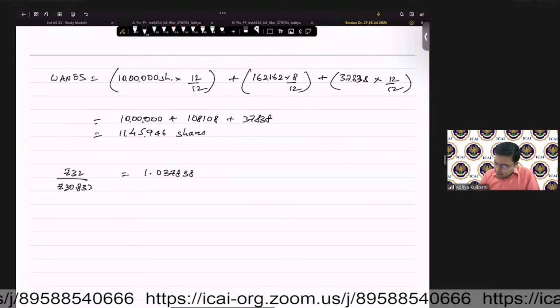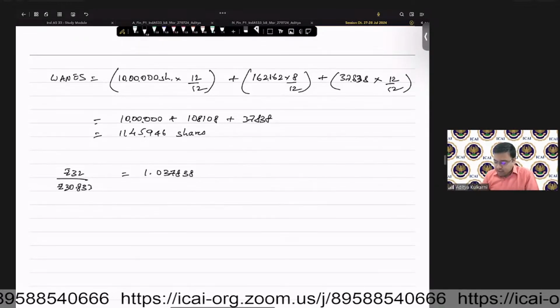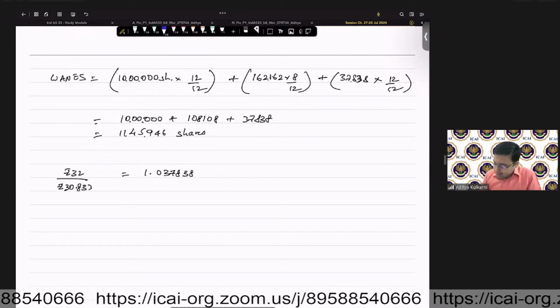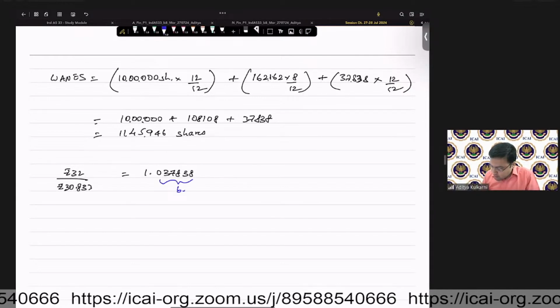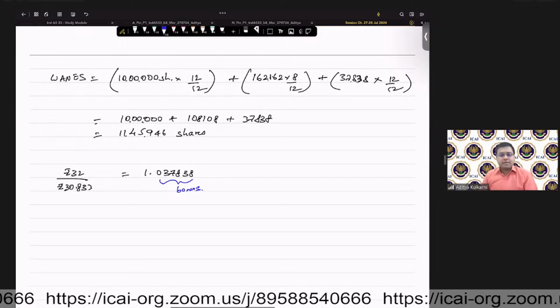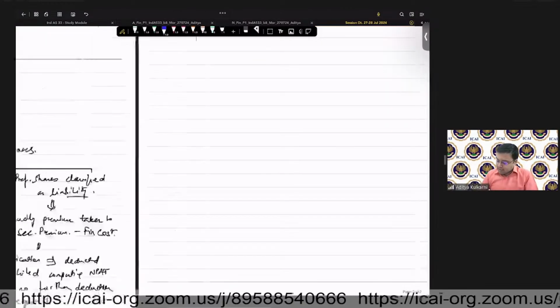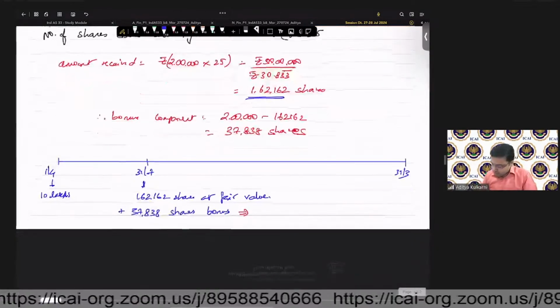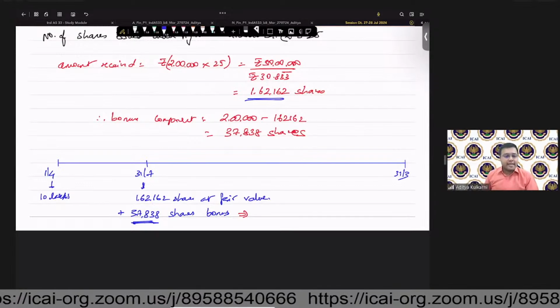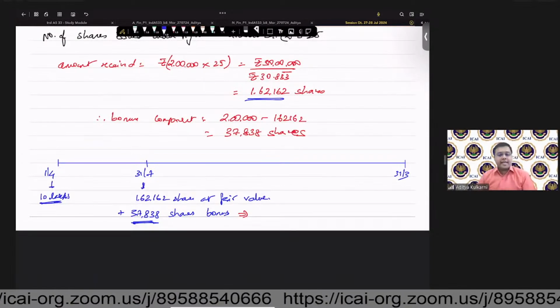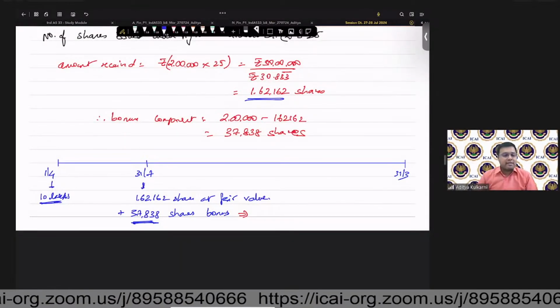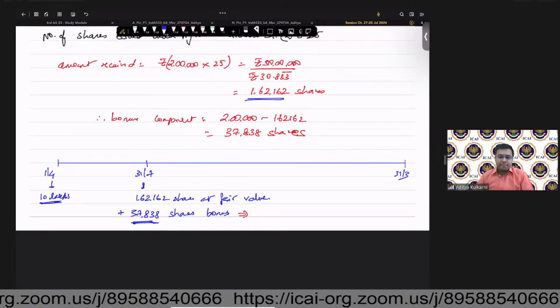But are you able to see what this 1.037838 is? This is the bonus component, which is nothing but 37,838 divided by 10 lakhs.